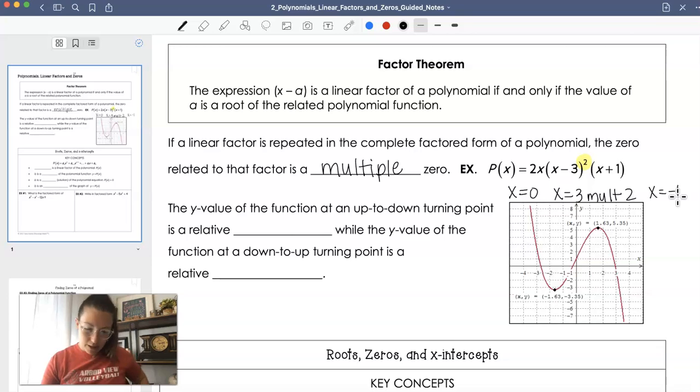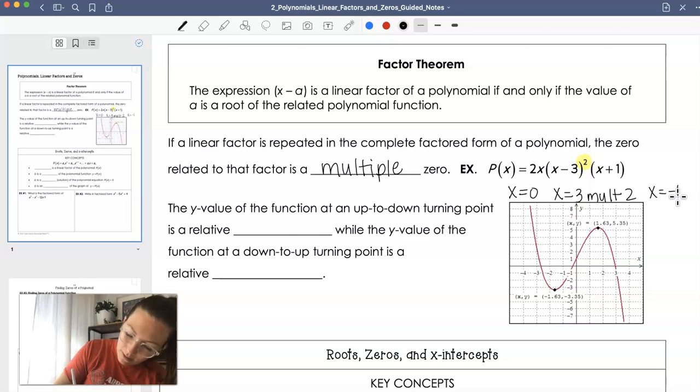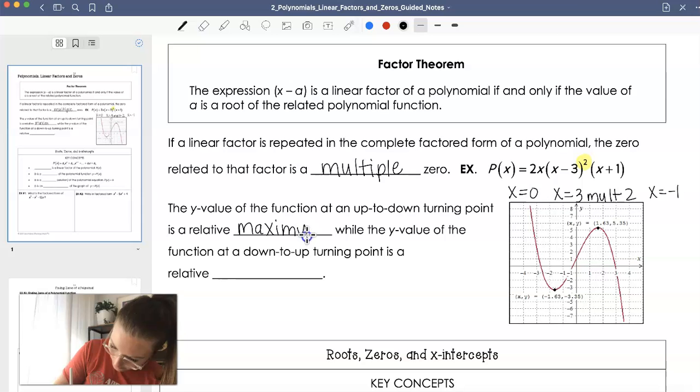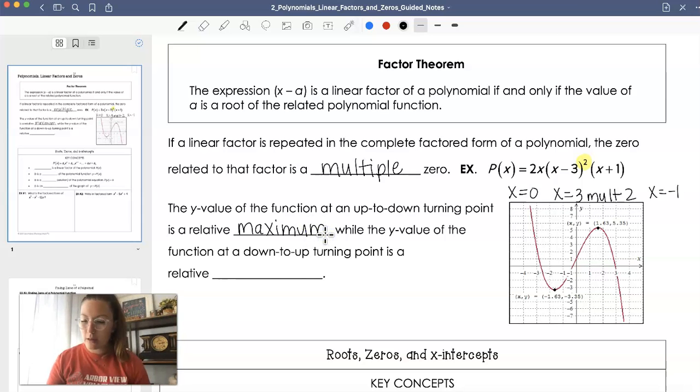And then the last one would give us x equals -1. All right, then we're going to go ahead and go down here. The y value of the function at an up to down turning point is a relative maximum. Okay, so this guy right here, this is a relative maximum.